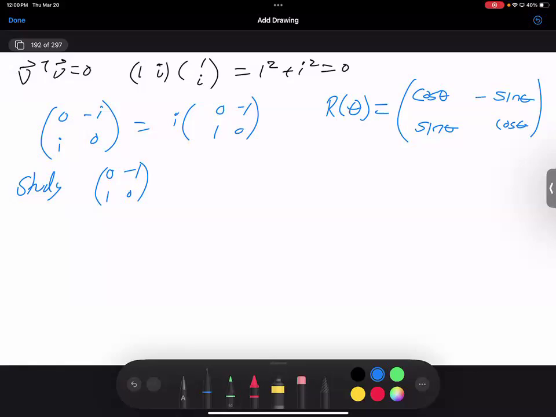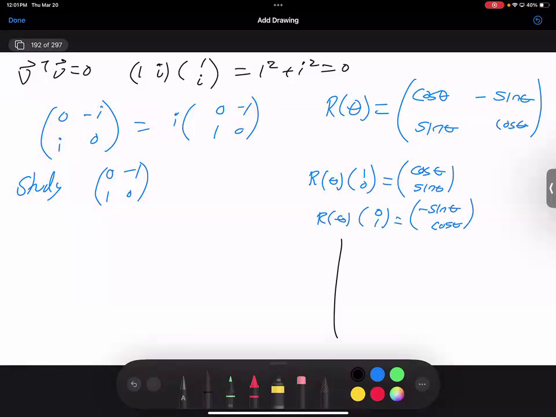And let's look at what happens if you do, say, R of theta of 1, 0. Then that's going to go to cosine theta, sine theta. And R theta of 0, 1 is going to go to minus sine theta, cosine theta.